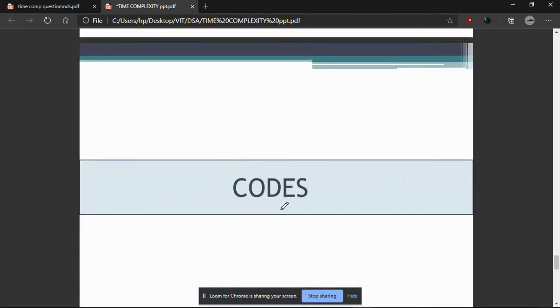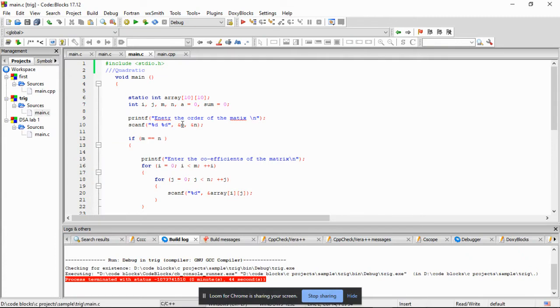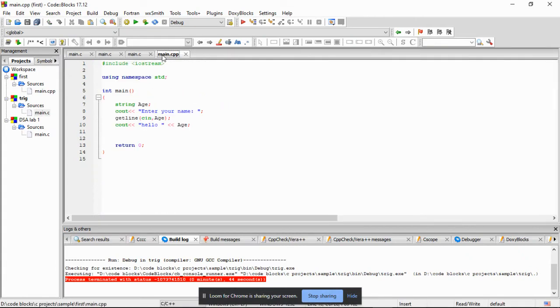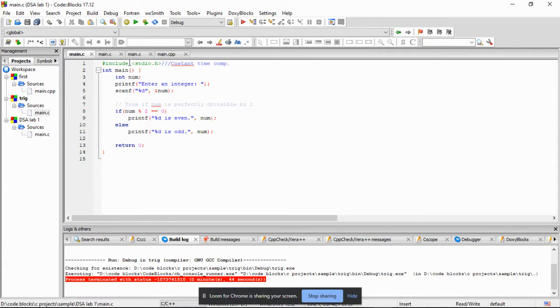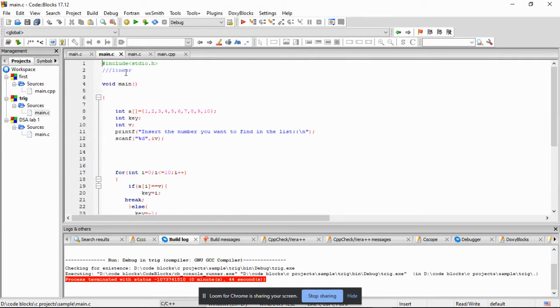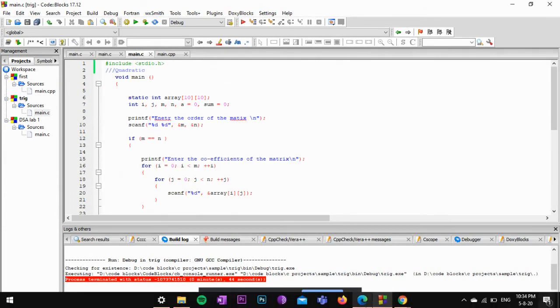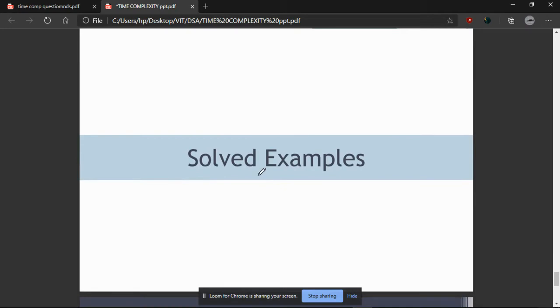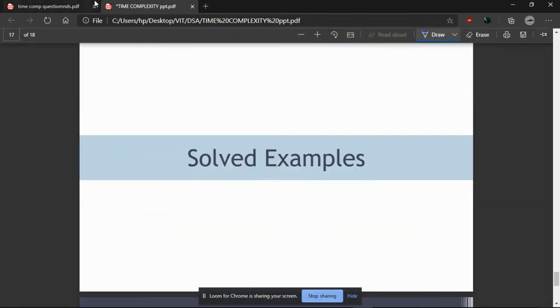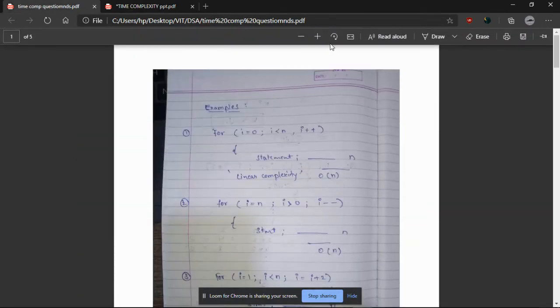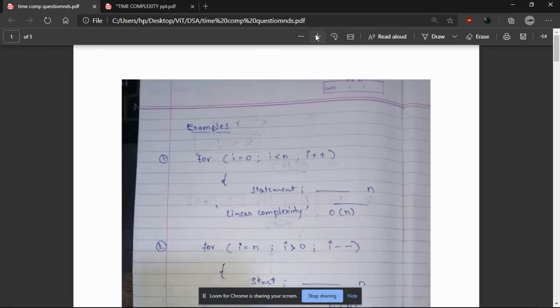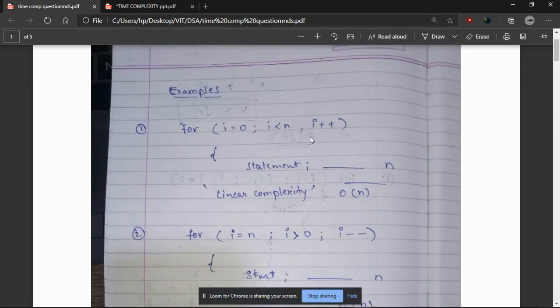Now we have already seen the codes running, different codes for constant, and we have linear and we have quadratic. So let's go to solved examples. I have a few solved examples here, which help us to determine which complexity a code has.